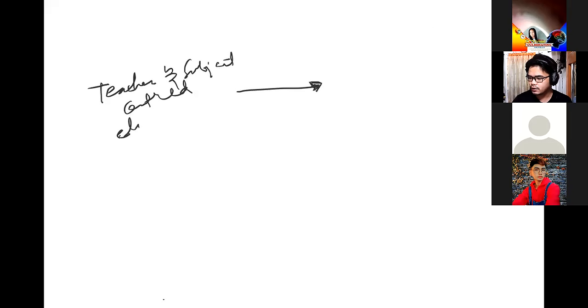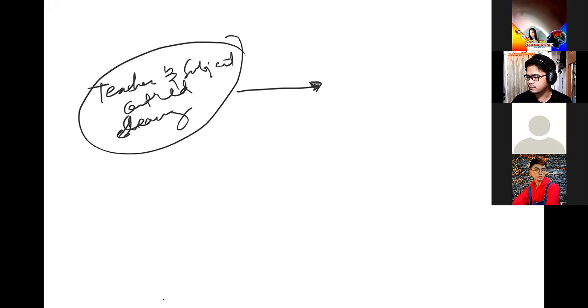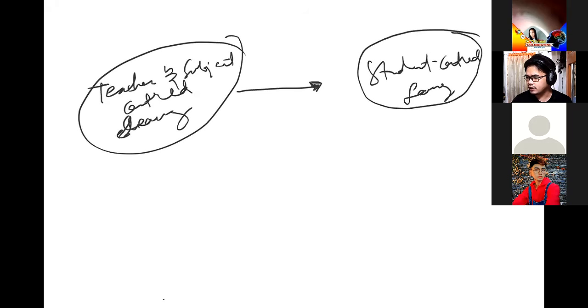In other words, the bridge that has enabled us to shift from teacher and subject-centered education or learning to student-centered learning is educational technology.